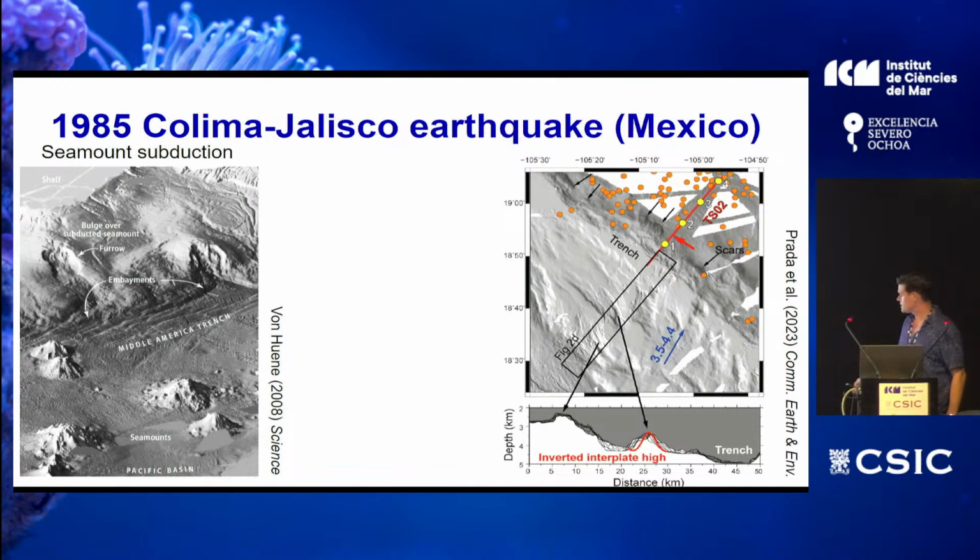So our interpretation is that what we are imaging here is an elongated feature similar to what we see in the oceanic side of the bathymetry. Therefore, this has implications for the coupling of the plate, as we will see now.